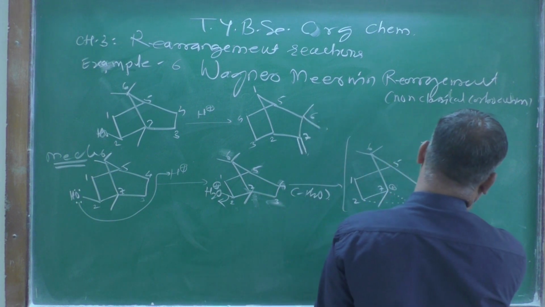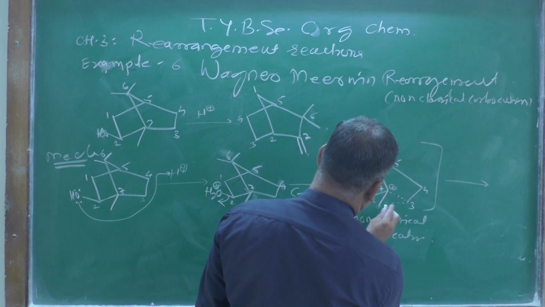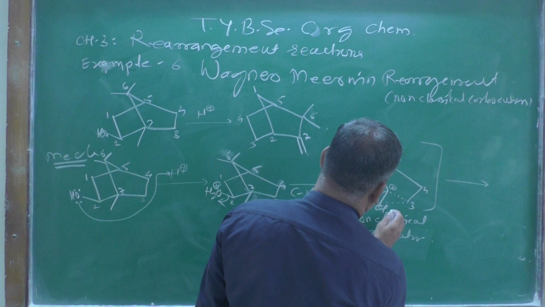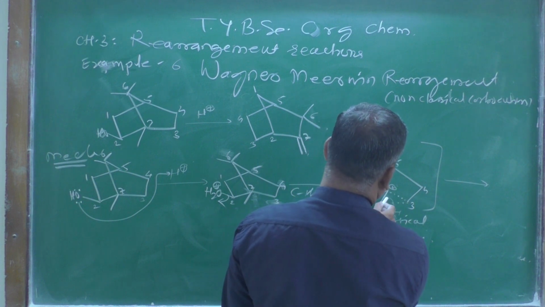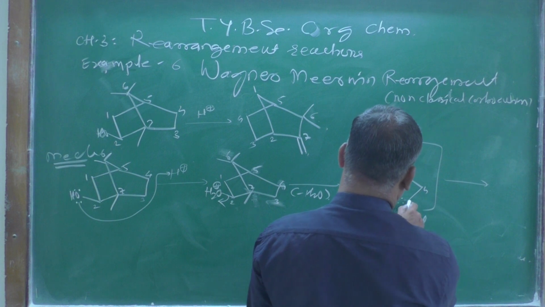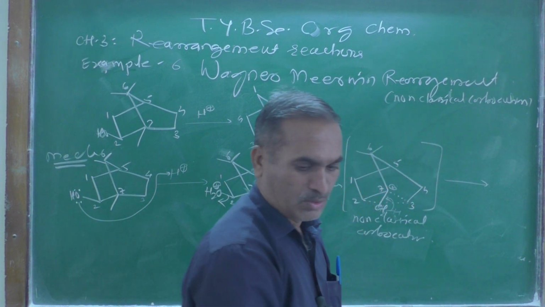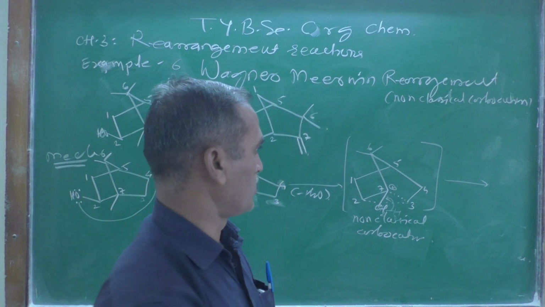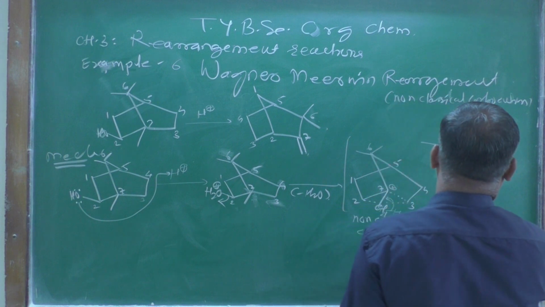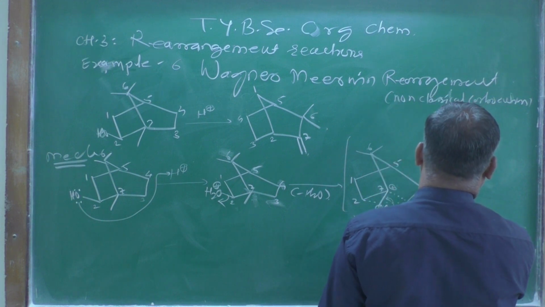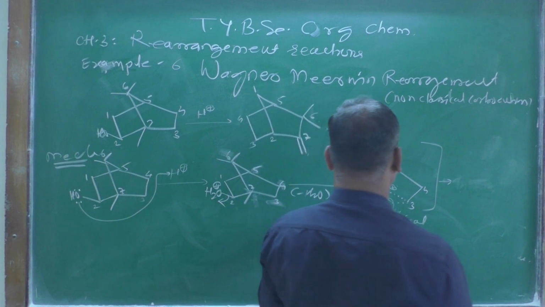And after that what is going to happen? There is a loss of proton from here. Here I am writing for the sake of convenience CH2H, right? This proton is removed over there, and this bond is joined here. So look at how the situation is going to be obtained over there. Now here I am writing a very small arrow so that you can clearly see.